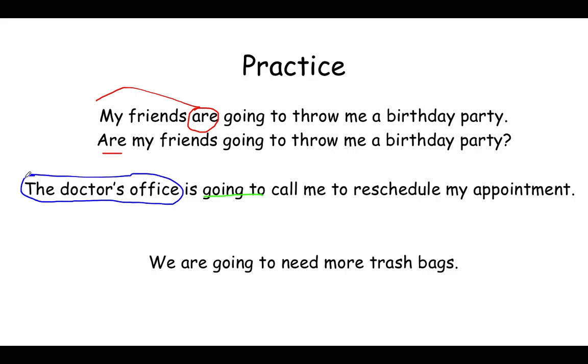This is who we are talking about. So even though the doctor's office is a place, it's a thing, when we say that the doctor's office is going to call, we don't mean in English that the building is going to call us. We mean that the people inside of the building are going to call us. So the doctor's office is going to call me to reschedule my appointment.